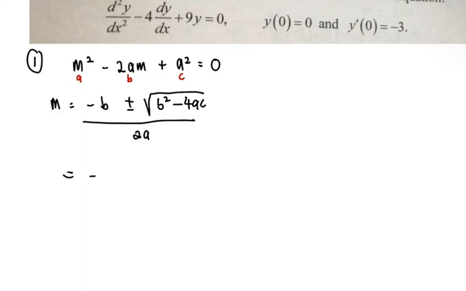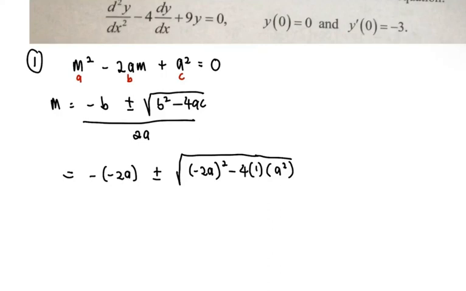So from here we have minus b, so we have minus minus 2a, plus minus square root of b squared. So we have minus 2a squared minus 4ac, c is a squared, divided by 2a, a is 1.